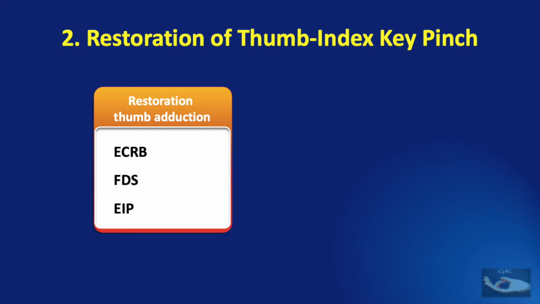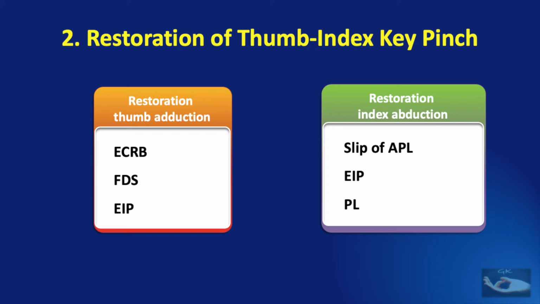One, tendon transfers to restore the thumb adduction, which can be done with the extensor carpi radialis brevis, flexor digitorum superficialis, or the extensor indicis proprius. And the second function to be achieved is restoration of index finger abduction, which can be done in three methods, using a slip of the abductor pollicis longus, extensor indicis proprius, or the palmaris longus.